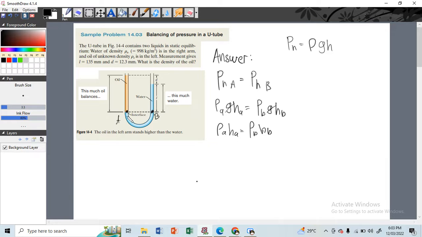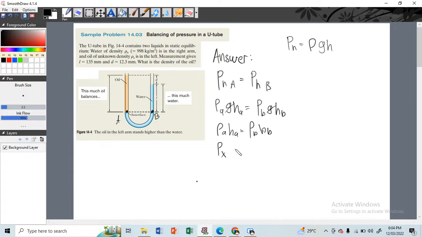So what is rho A? Look at this point. What is the fluid at this point A? Of course, the fluid at this point is the oil. So we use the density of the oil, which we don't know, but we called it earlier rho x.